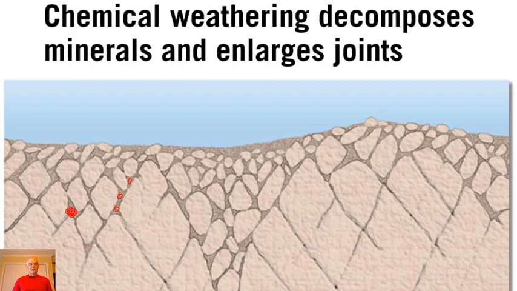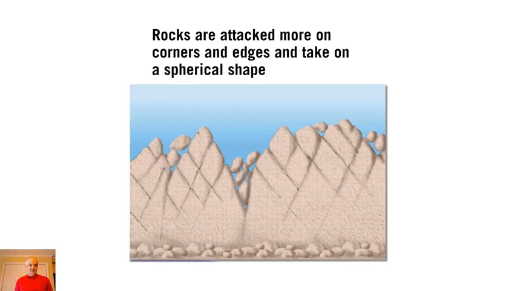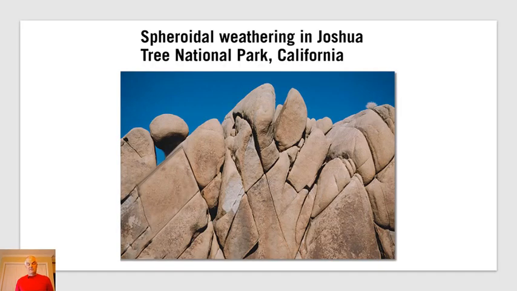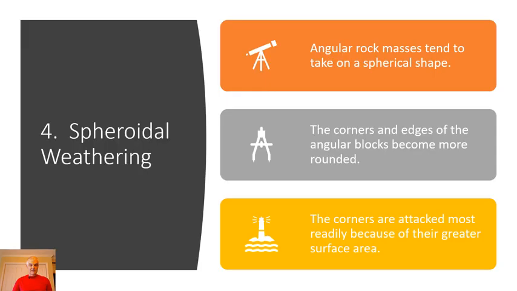Because they're going through the cracks, and then as the cracks go on, the sediments just fly away, and eventually you get these spherical shapes. Here's a classic one right here at Joshua Tree National Park in California. Interesting picture right there from the national government.